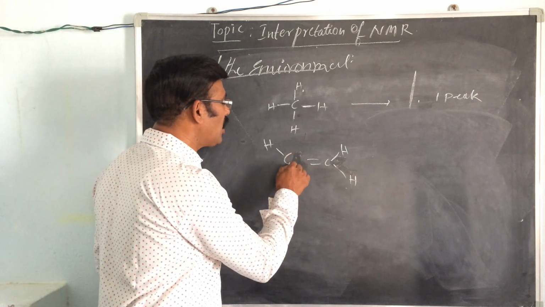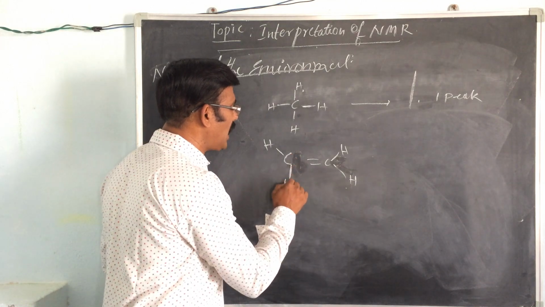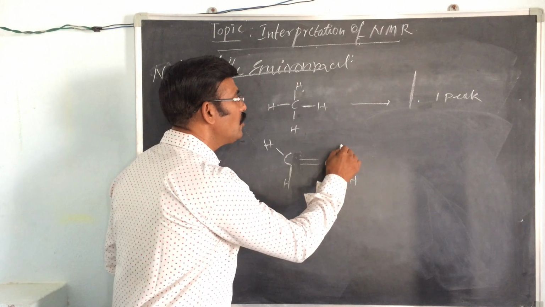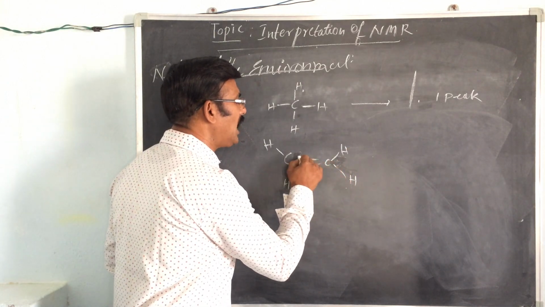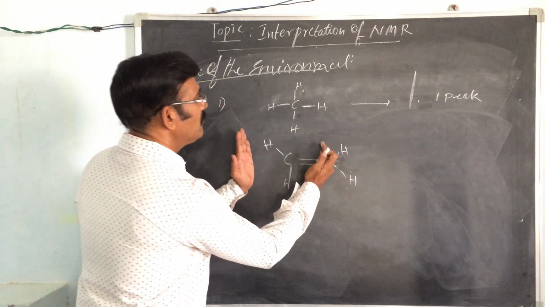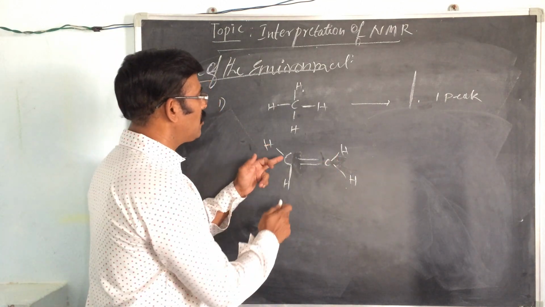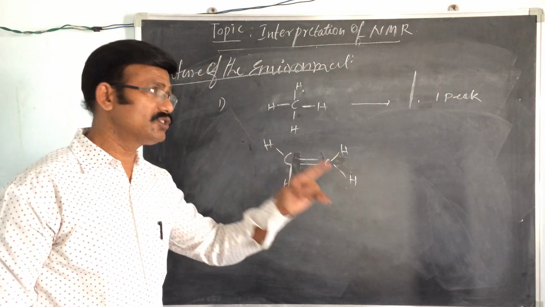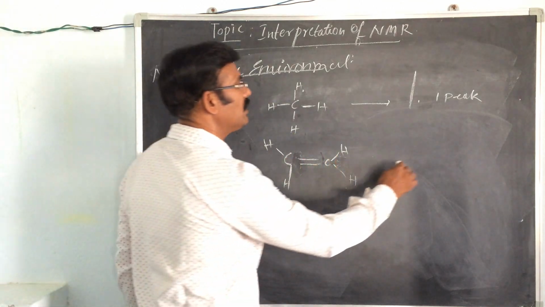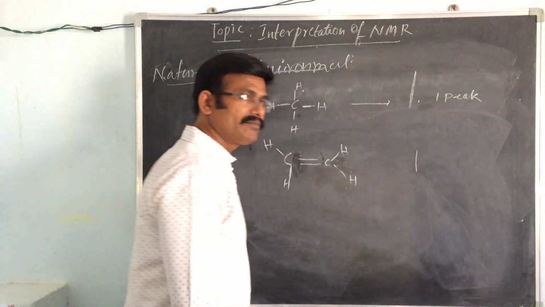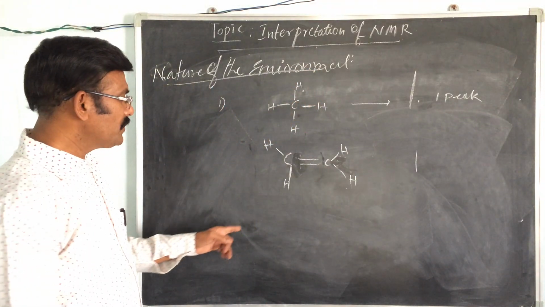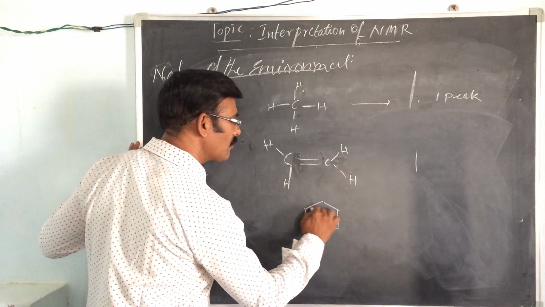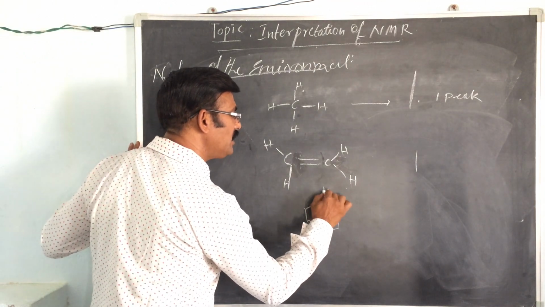The 2 hydrogens are attached to the carbon and attached with the double bond. Hydrogen, carbon, double bond, same nature. So only one peak will come. Now, if you take the benzene ring, hydrogen.